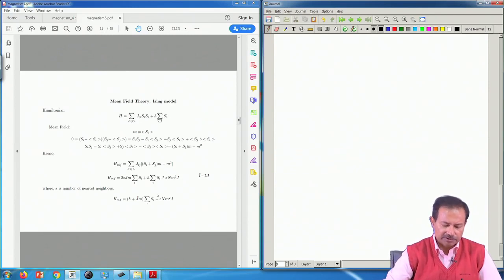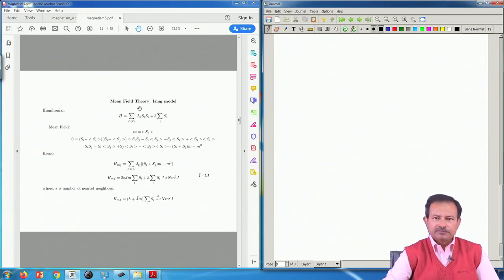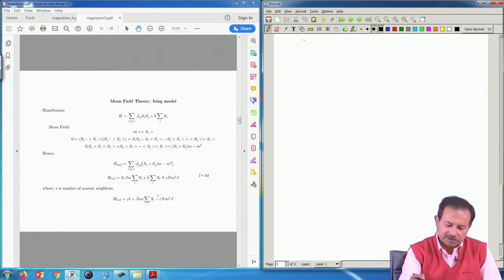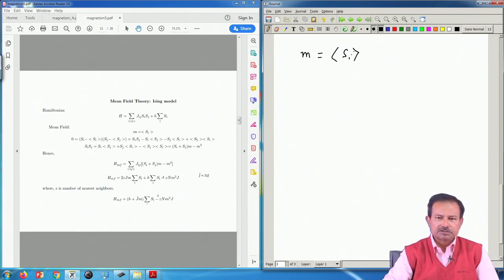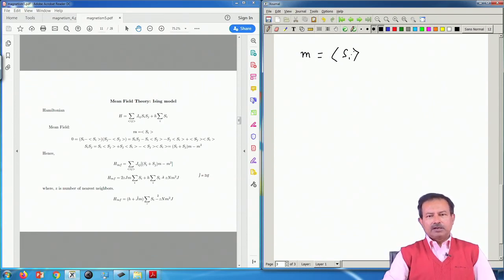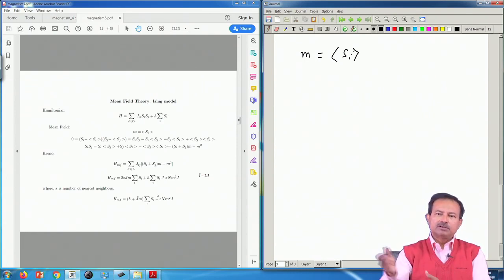This is the way I have written it. If J_ij equals J for nearest neighbors, every J is the same for any bond, and you can take any spin and that is no different from any other spin. So, that means there is an average you can define, which is independent of the site. This m is an average, and if you sum over all such sites, you will get N times m, and that is also the total magnetization of the system.